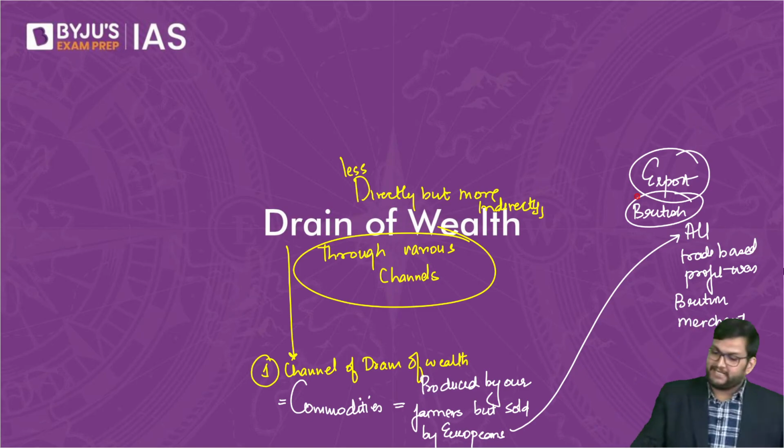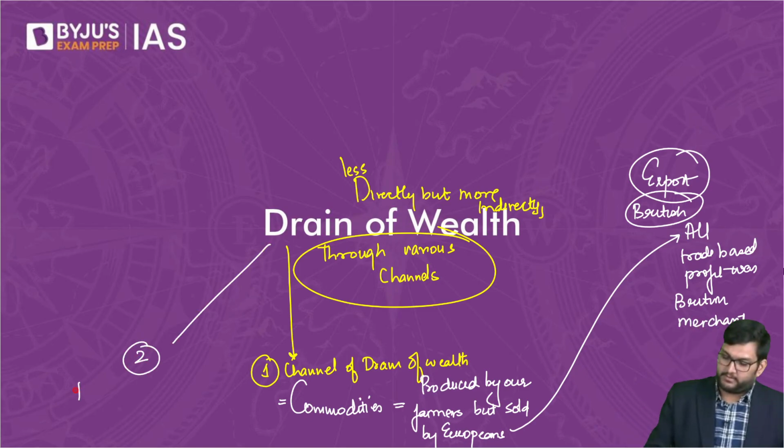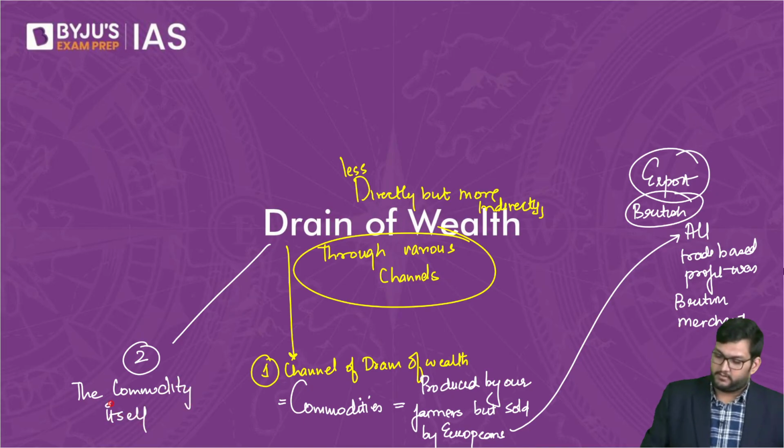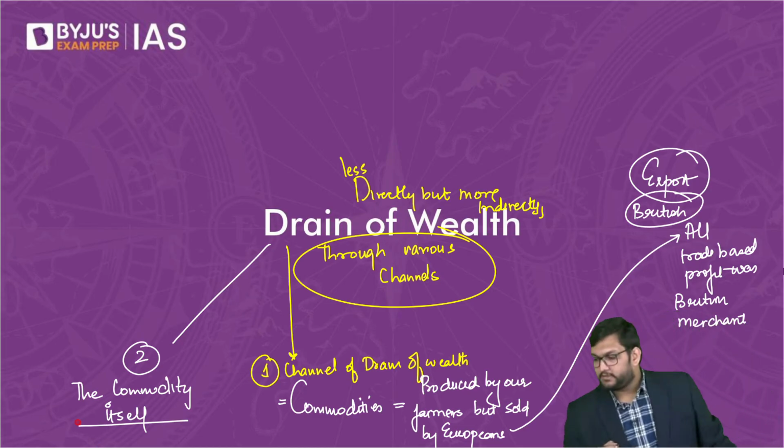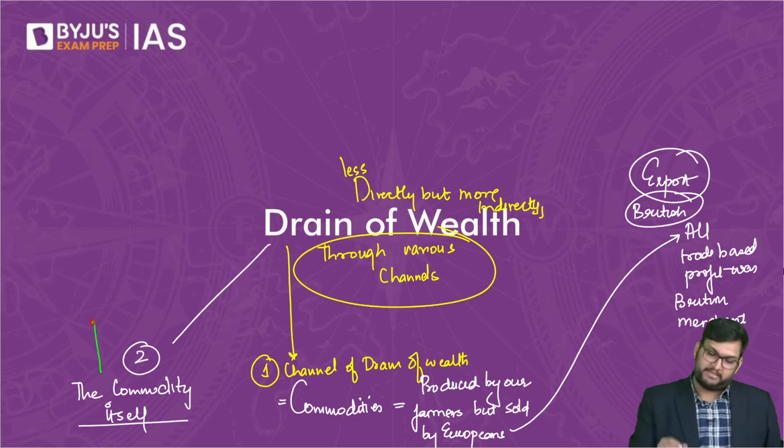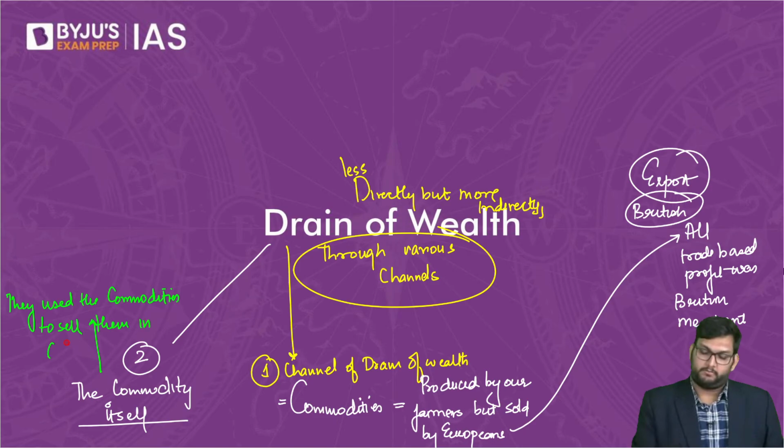The second channel is the commodity itself, which means that basically they used the commodities to sell them in Europe and in China.